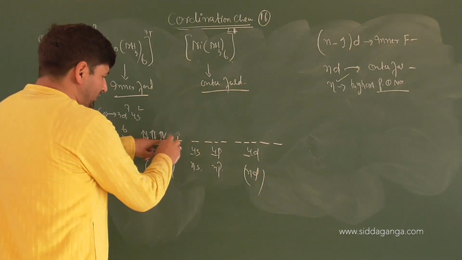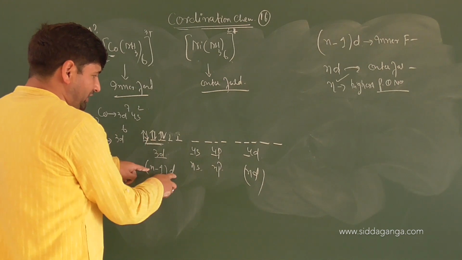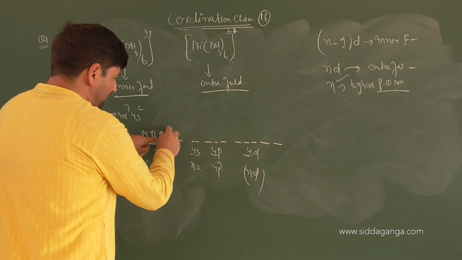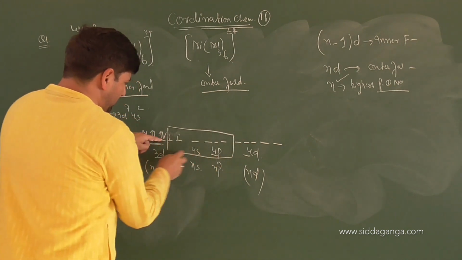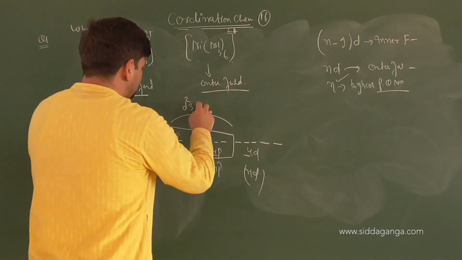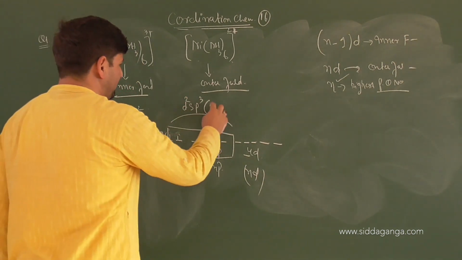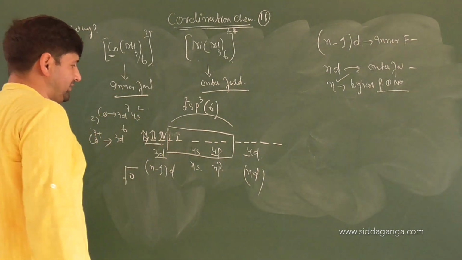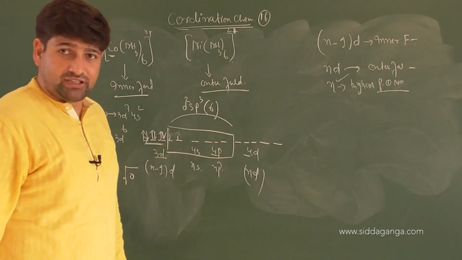So these 2 orbitals from d, that is n minus 1 d, are used. These 2 from d, 1 from s and 3 from p will lead to the development of d2sp3 hybridized orbitals. How many will be made? 6. Thus pairing has been forced, thus it's an inner field complex. Is it clear or not?